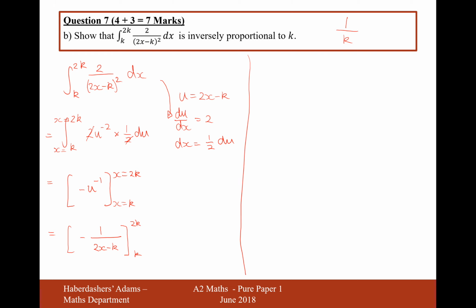Let's now move up to the top right of the screen. Substituting in 2k into my function, I'm going to have minus 1 over 4k minus k, and then it's going to be minus, substituting in k, 1 over 2k minus k.